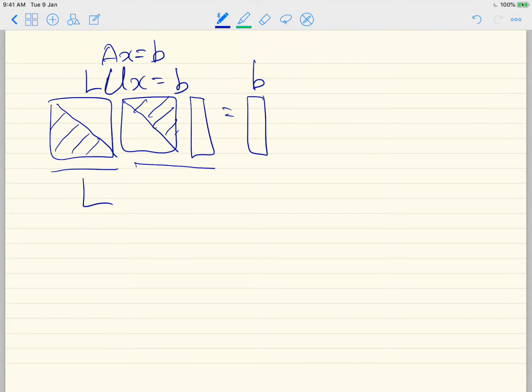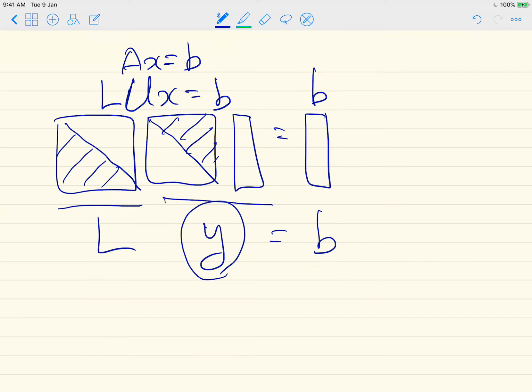So we first solve Ly equals b, and then this y can be obtained through the forward substitution, right? The first example was where our L matrix is all ones, and b was like 1, 2, 3, 4, 5, 6, and so on.